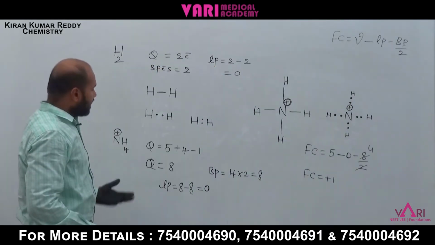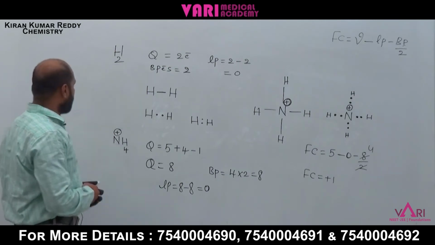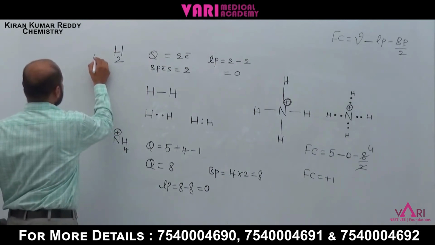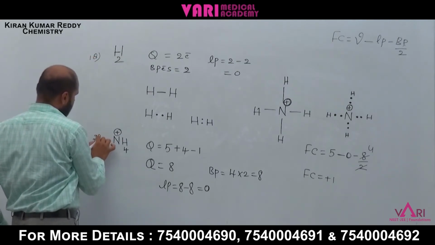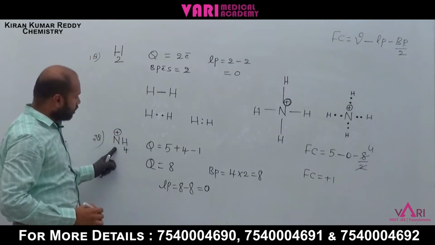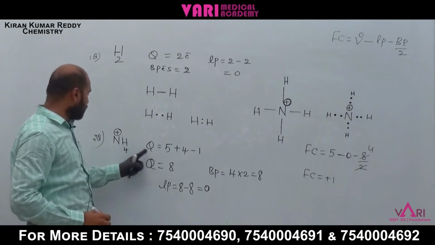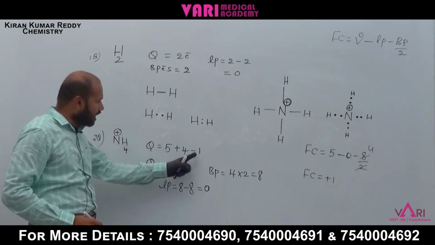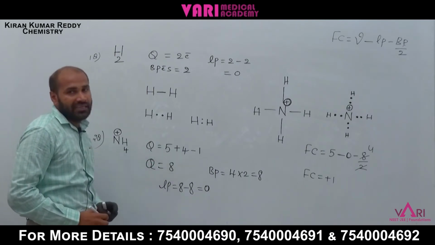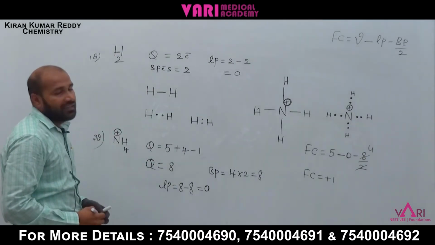Understand? Now we can take another example. NH4 plus, this is one example. Next, this is the second example. NH4 plus, now Q is equal to 5 valency electrons, hydrogen 4, minus 1, Q is equal to 8. We can write the structure like that.